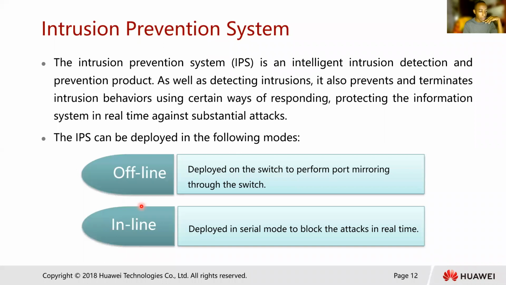It is doing it actively, without just mirroring the ports. It can actually block the attacks. Those are the two modes of deployment of IPS. So IPS does more than IDS, right? It doesn't just detect, it can also go further and prevent those attacks from happening. Yes.